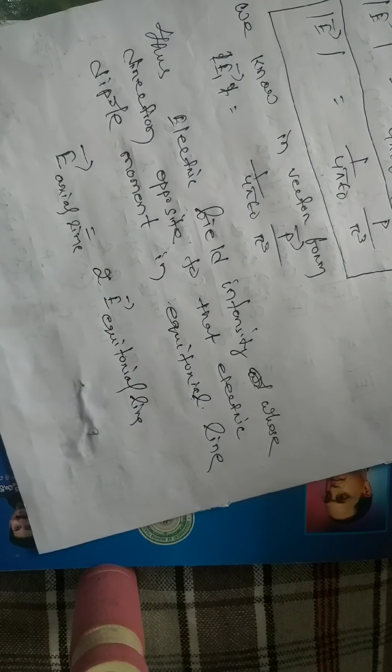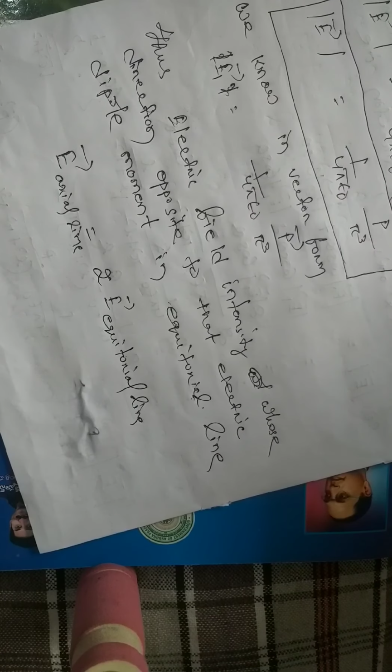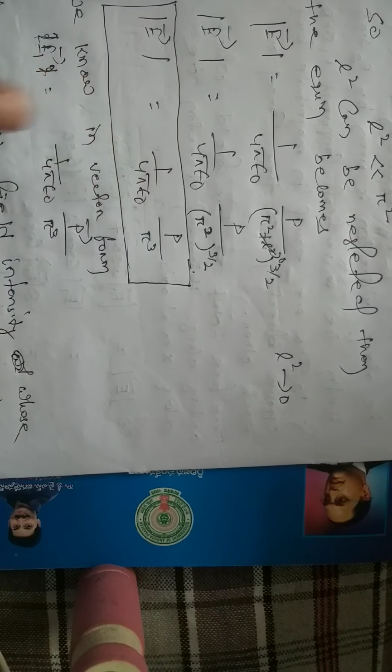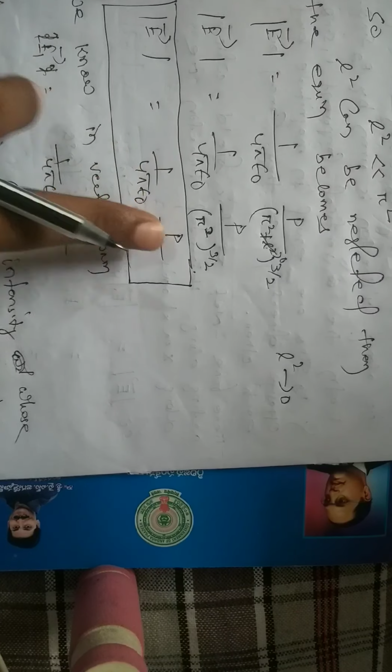Because in the previous class I told you that the electric field intensity along the axial line can be represented as 1 by 4 pi epsilon 0 2p by r cube, but in the equatorial line the electric field intensity can be represented as 1 by 4 pi epsilon 0 p by r cube.